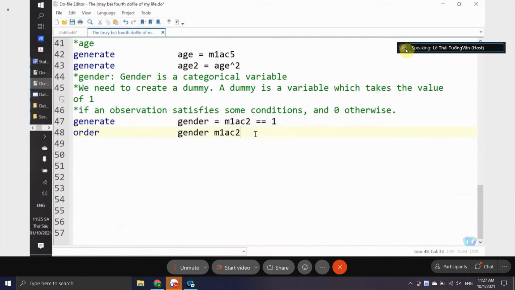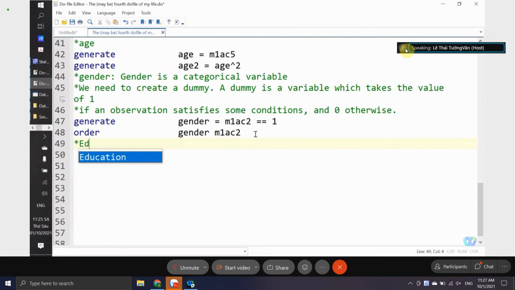Okay, that's gender. Now I'm going to touch on the next point quickly. Now we talk about education. This is when the dummy is very important. This is what I am going to explain, and this is why it takes so much time to talk about dummies.